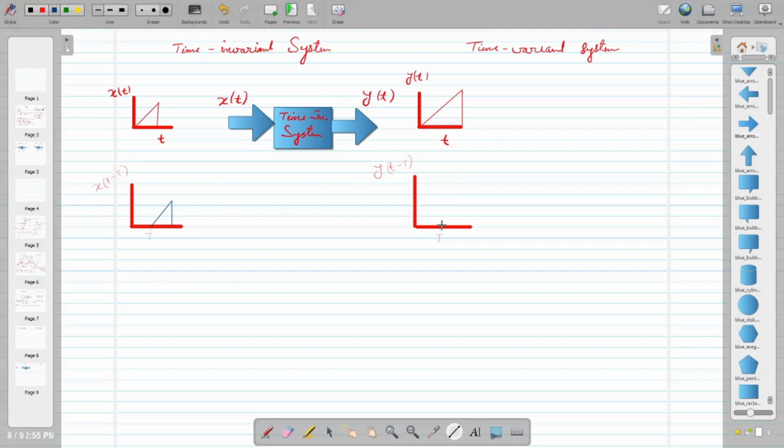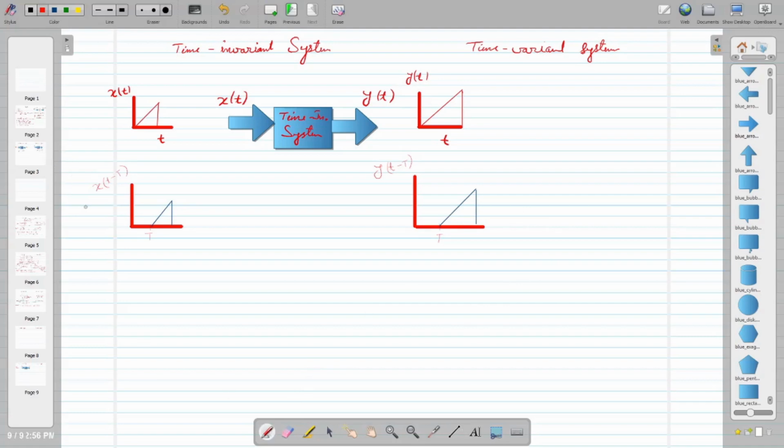The system is going to produce certain output, and if the output is going to be the same one, then we can say the system is time invariant. So this is by definition what we now know.